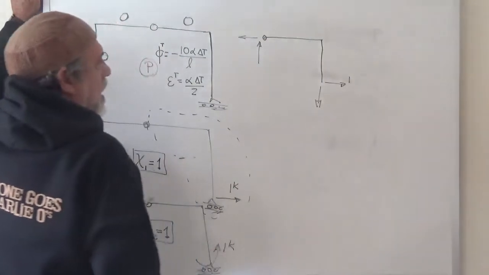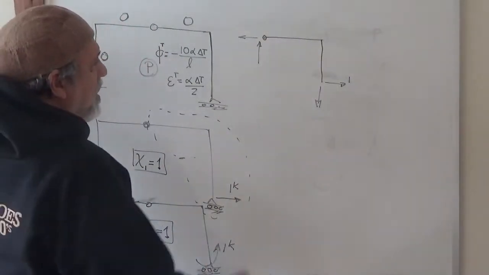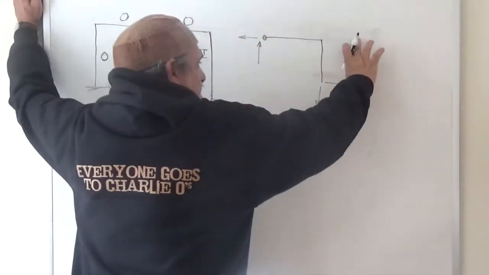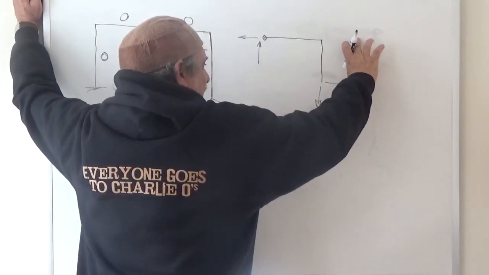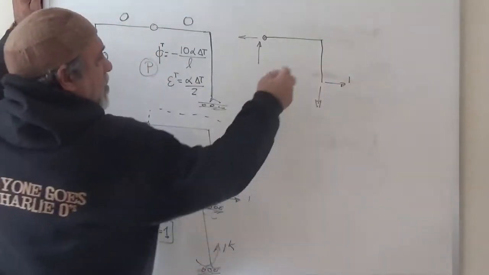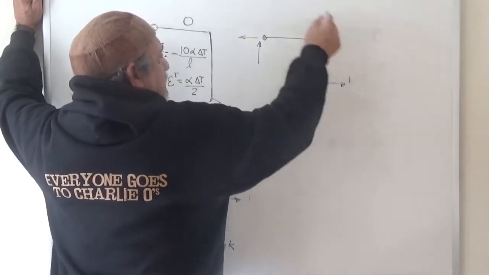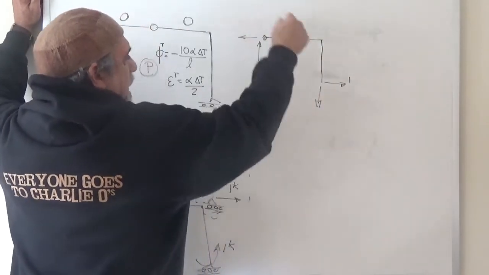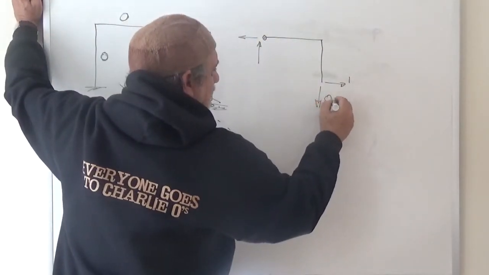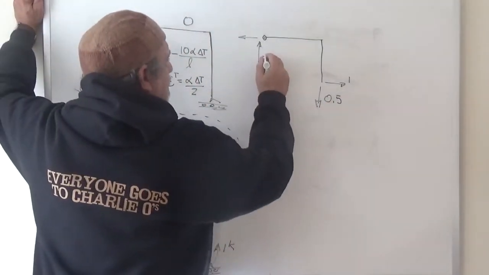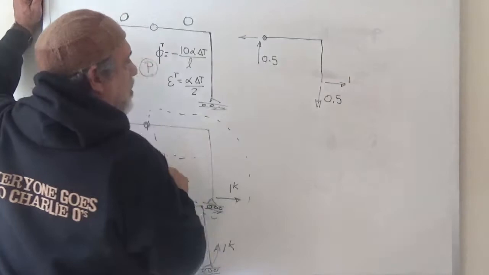a shear. Now summing moments, this distance I'm not going to draw because, let's just remember, this distance full is half of L. This distance to the hinge is L. So we have 1 times half of L counterclockwise equal to R times L. That shows me that this is 0.5. Summing forces in the vertical direction shows me that this force is 0.5.